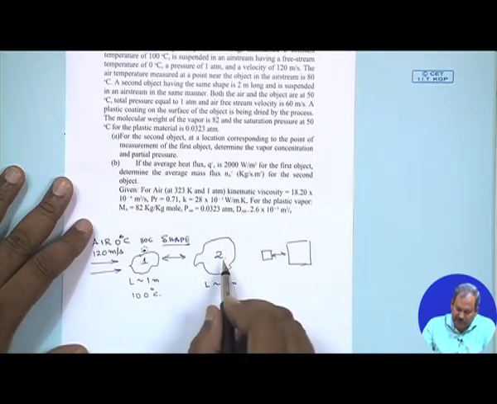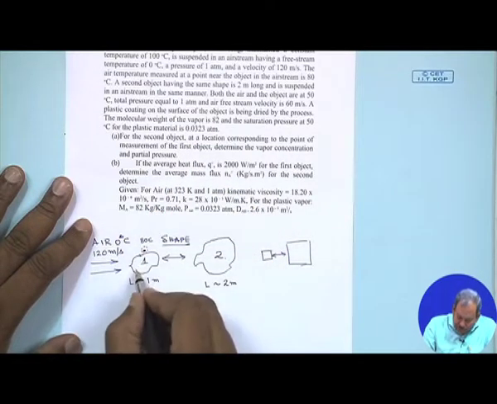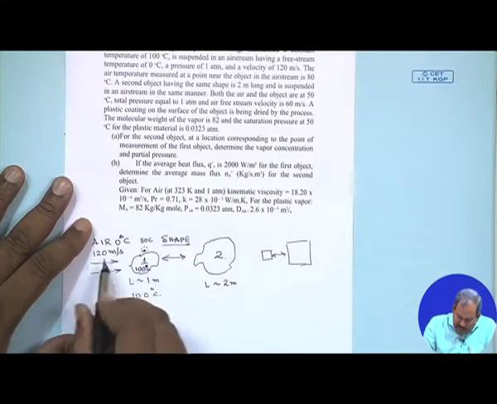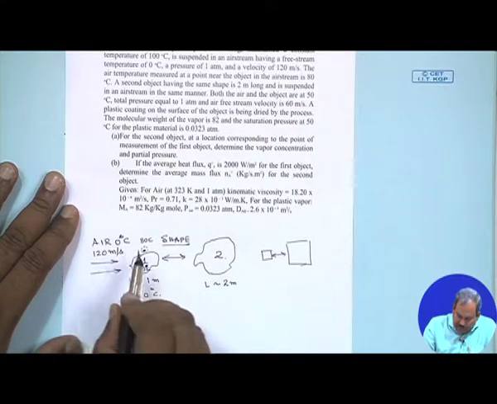It is also suspended in an air stream. Now, for the first case, the object is at 100 degrees centigrade and it is interacting with air at 0 degree centigrade.